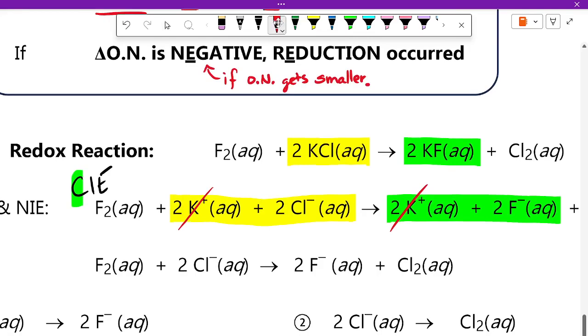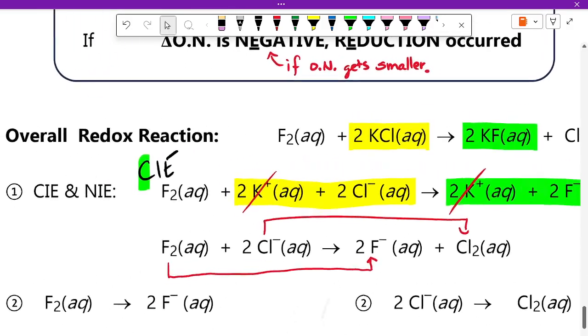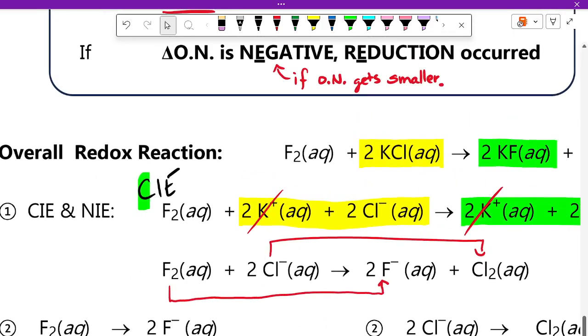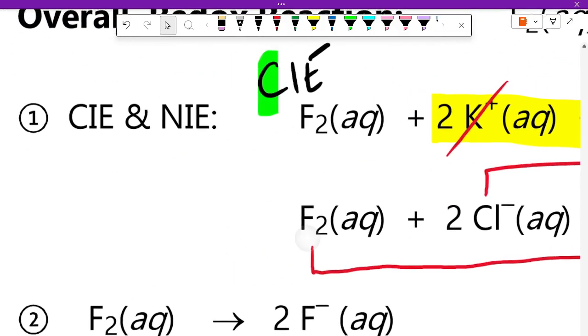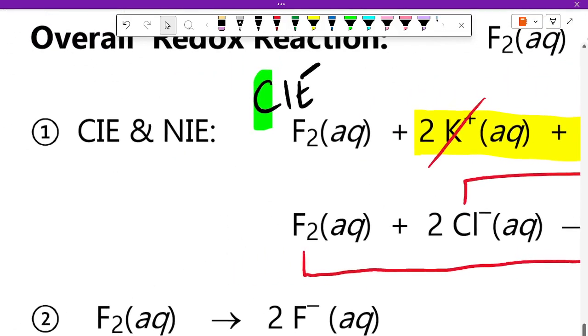And then from there, you can put the F with the F, and you put the Cl with the Cl. There's our F with our F, our Cl with our Cl, and you can hopefully see where I would need to put the electrons for the fluoride. Products or reactants?